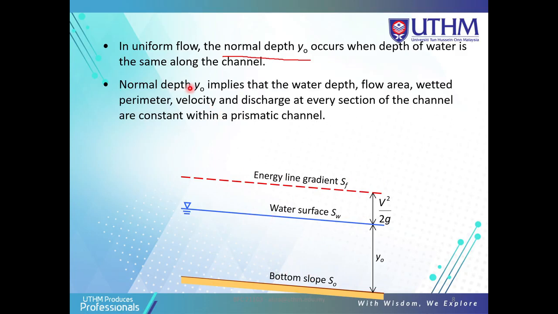Normal depth y naught implies that the water depth, flow area, wetted perimeter, velocity and discharge at every section of the channel are constant within a prismatic channel.